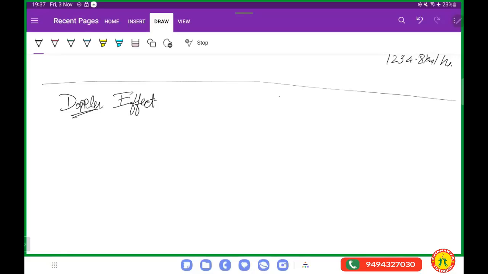Now, have you heard of Doppler's effect? Can you tell me what Doppler's effect is? Just try it. Right or wrong, doesn't matter. Different cases of sound appearing to us. Yes.